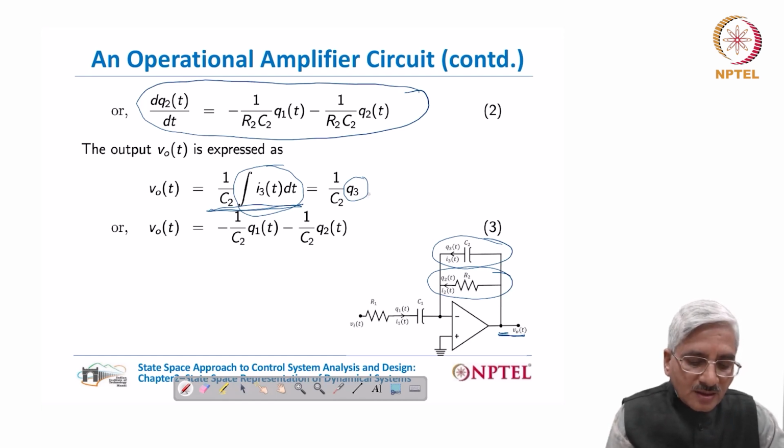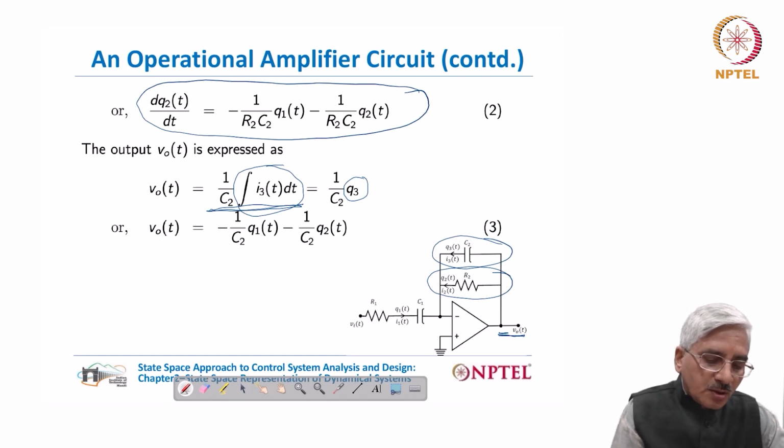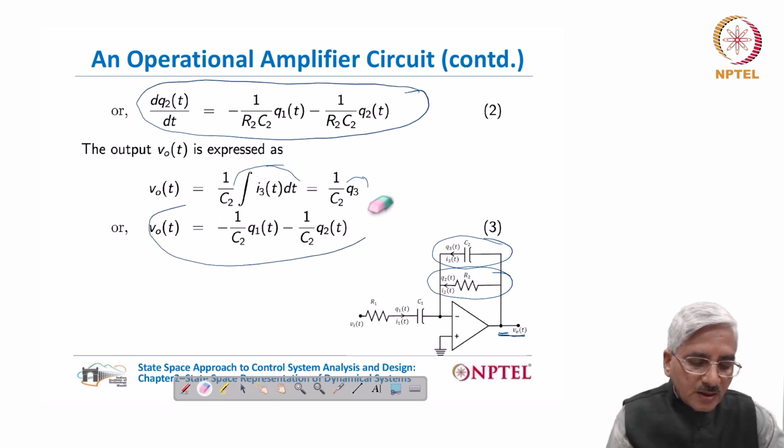And remember that this Q3 was expressed in terms of Q1 and Q2. So this output voltage gets expressed in terms of Q1 and Q2 by this relation. VO equal to minus 1 by C1 Q1 minus 1 by C2 Q2.